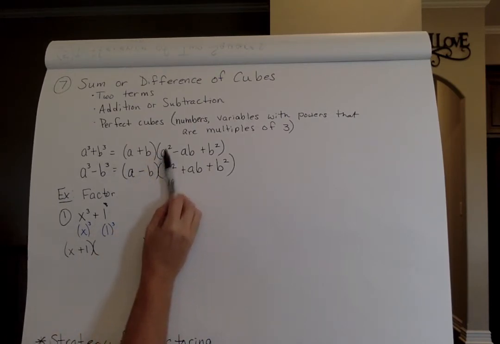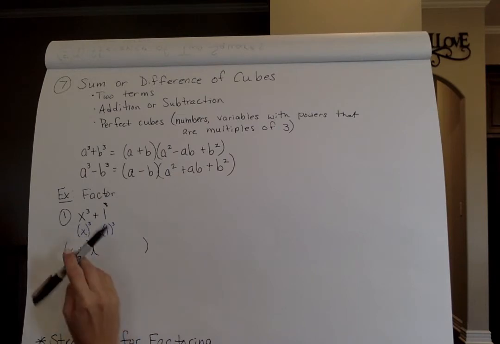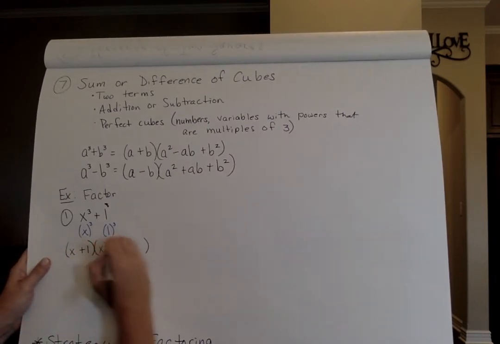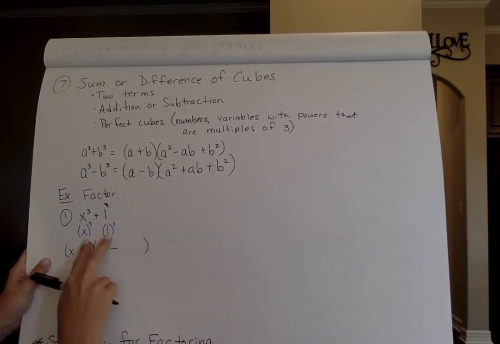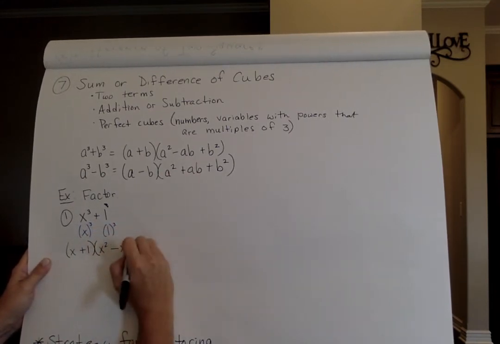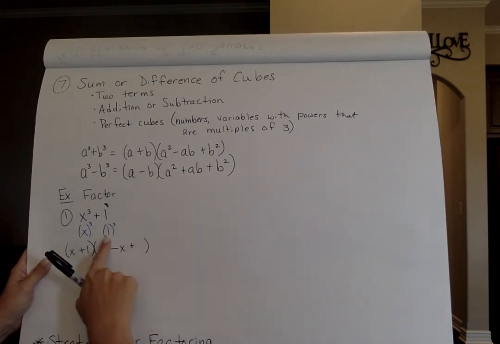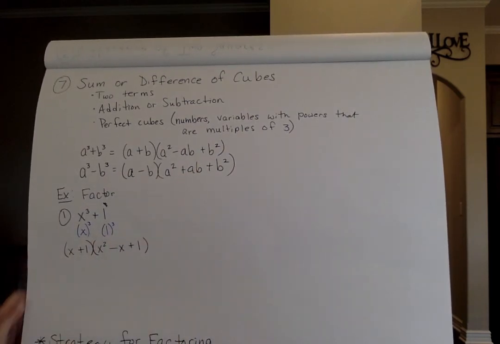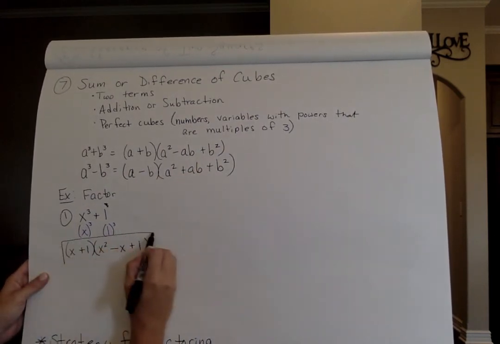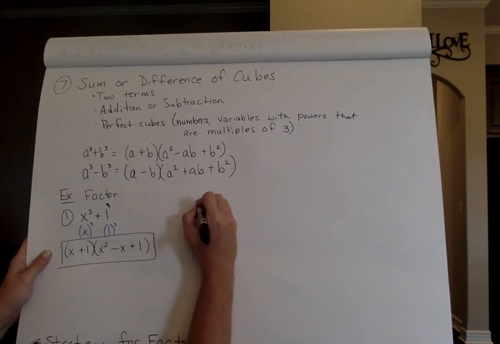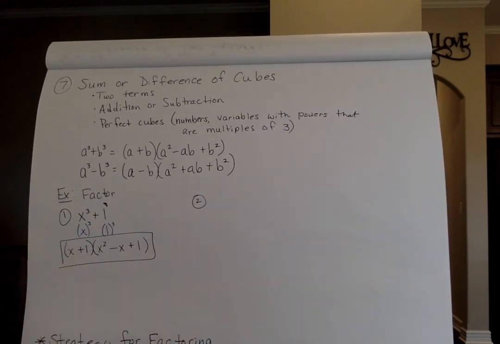And I'm going to have a squared, or the first thing squared, so x squared, minus these two things multiplied by each other, just x times 1 or x, plus the square of the second one, 1 squared or 1. And that's how that gets factored.